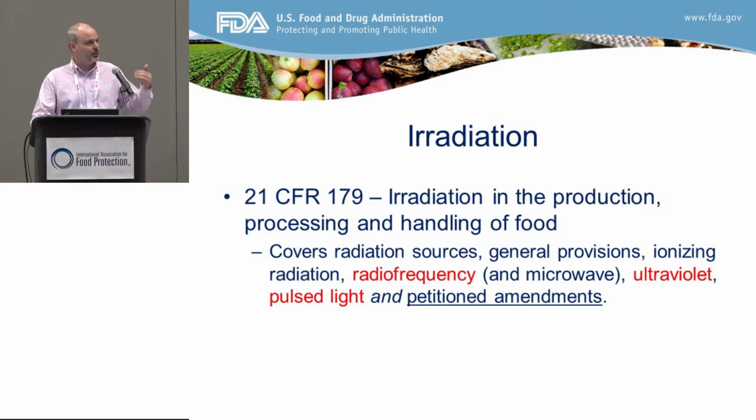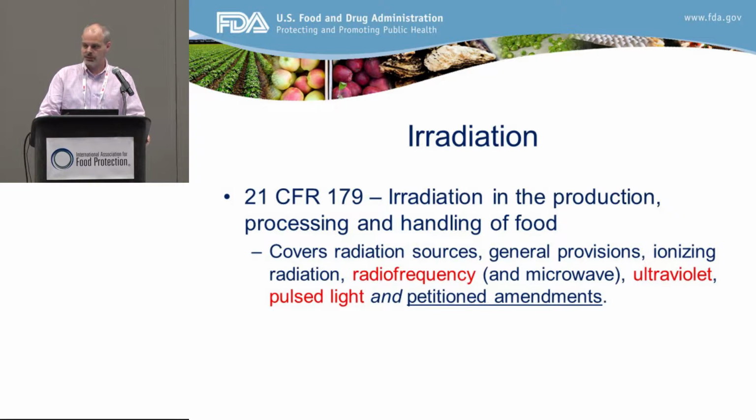Irradiation, now we move into the regulations, irradiation falls under the regulation 21 CFR 179, and it's the irradiation in the production, processing, and handling of food. Interestingly enough, we aren't regulating irradiation itself, but rather the source.